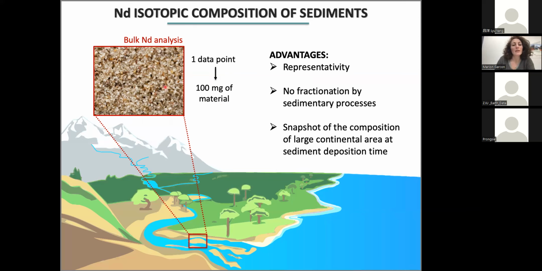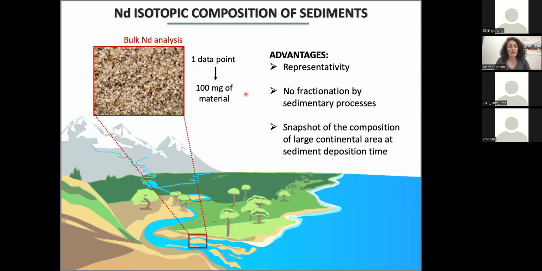And this analysis is already an average of the composition of the continental area that is drained. So with one analysis, you get the average composition of a large continental area at any sediment deposition time through Earth's history, which is quite interesting. You need much fewer points than what you need for zircons.